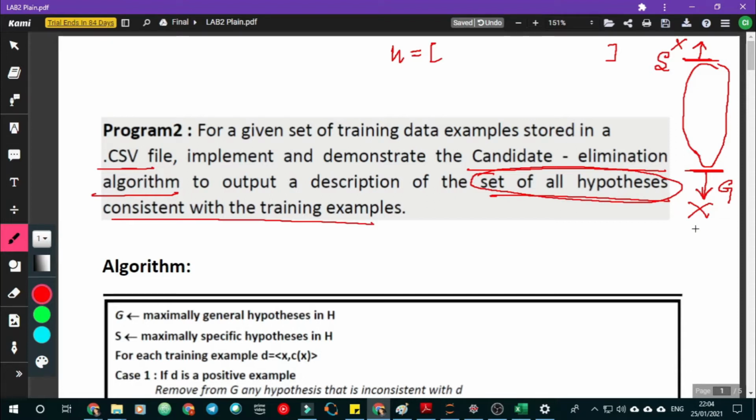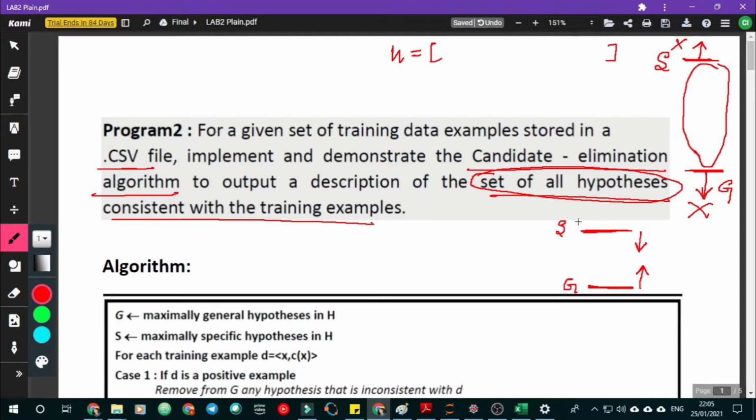What we do here exactly is initialize the specific hypothesis in the beginning, and initialize the general hypothesis in the beginning. As we read the data samples, we make the general hypothesis more specific, and we make the specific hypothesis a little more generic.